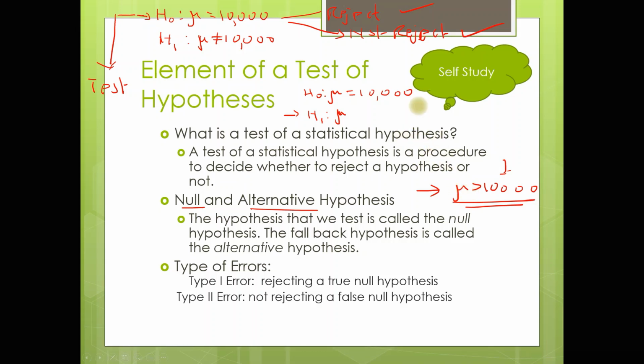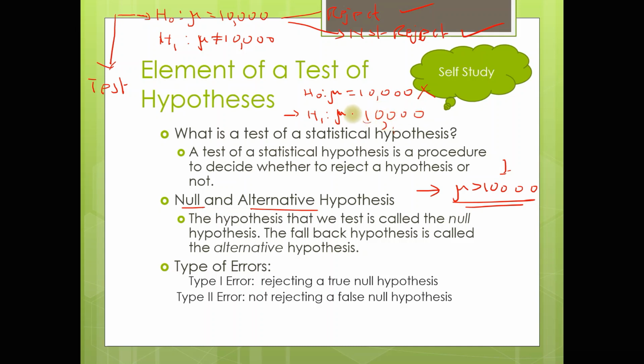Because if you say that you believe that the average claim amount is more than 10,000, and you reject that null through your hypothesis testing, through the procedure that you are going to carry out, then what would happen? You need to ensure that what you claim is satisfied, and what you claim is that it is greater than 10,000.